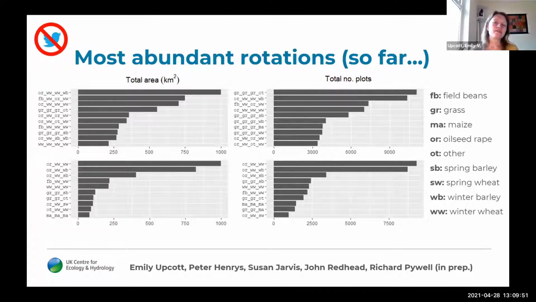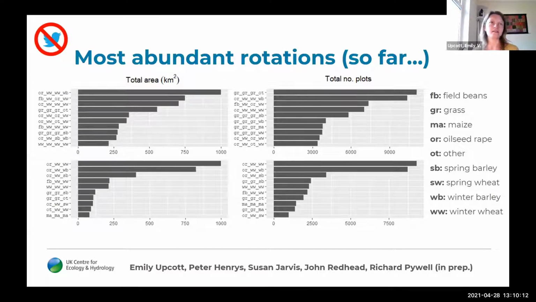So moving on to some research I'm currently working on with Pete Henrys, Susan Jarvis, John Redhead and Richard Pywell at UKCEH. We're looking at understanding and predicting crop rotation patterns. And by rotations, in this sense, I mean where crop sequences are cycling.